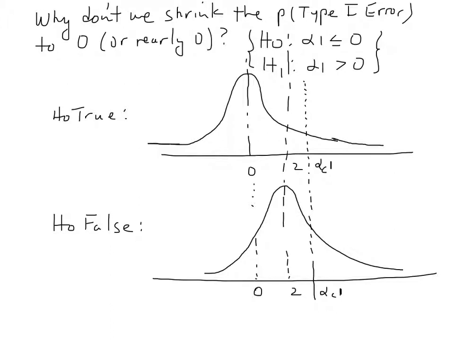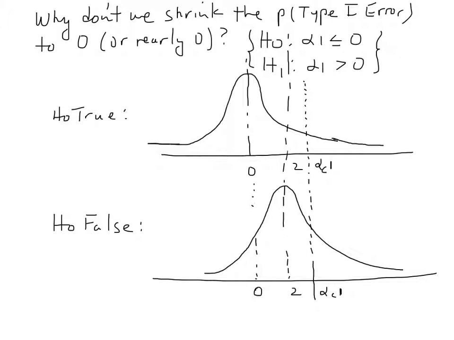Okay, so we're going to test the hypothesis that alpha 1 is bigger than 0, or whether it's less than or equal to 0. Okay, so we are going to reject the null hypothesis if we have an alpha 1 hat that's sufficiently large.